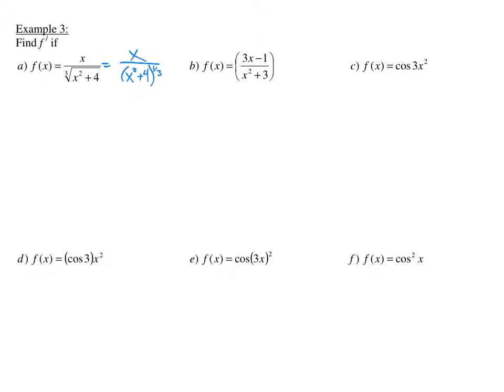Okay. What other strategy are we going to need to use here for this one? Okay, our quotient rule. We're dividing here, so we're going to use our quotient rule. And also the chain rule, because when we take the derivative of the denominator, it's a function within a function.